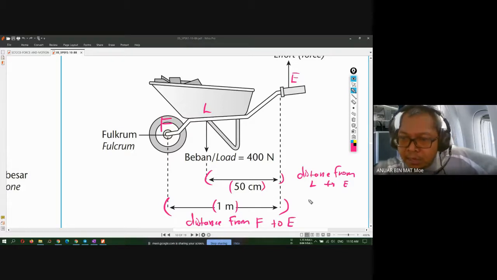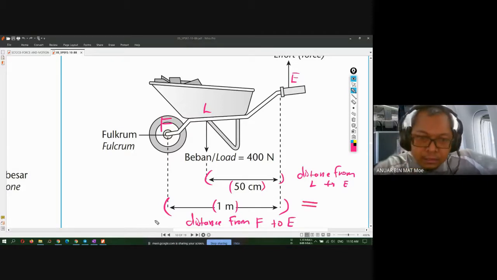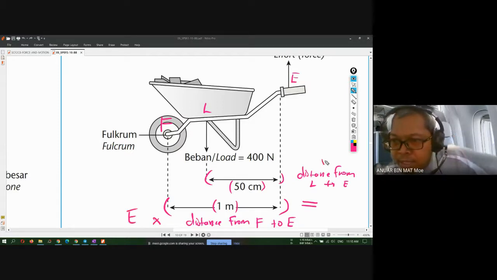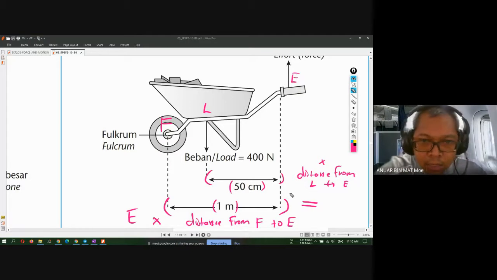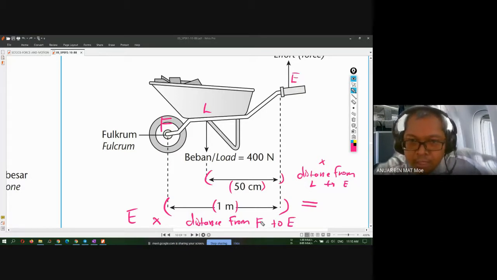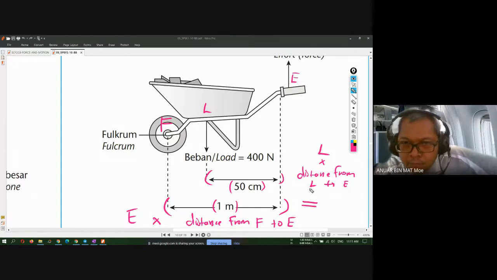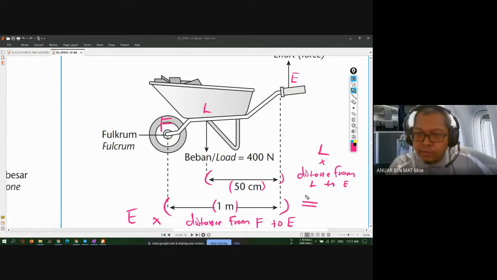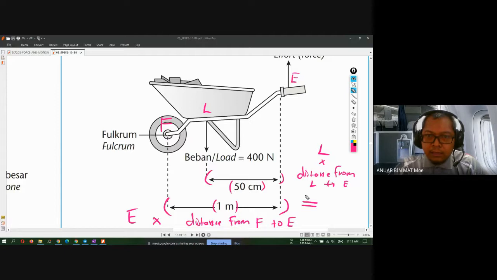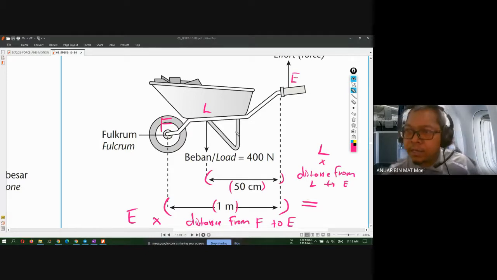And then you equalize it, times effort on one side and times load on the other. Sorry, not this one.